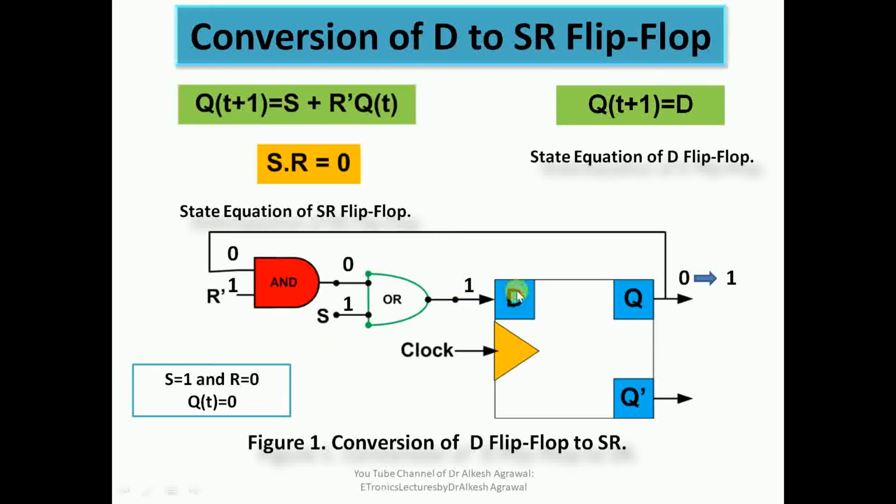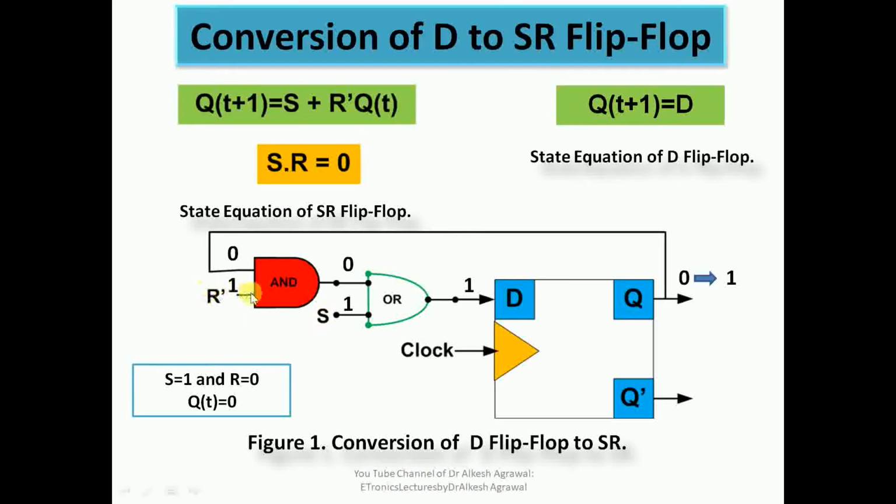That is, here you are seeing a D flip flop, and at this input of D flip flop what we have given is the Boolean function which is according to the state equation of SR flip flop, that is S or R complement Qt.